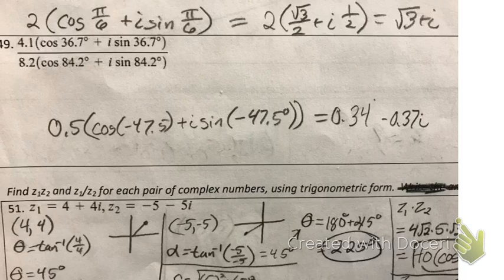Other questions from the homework? I have a general question. How many decimals could we be off? Like I got 0.37 or 0.36. You're probably fine as long as you got close. What could have happened is, if you look at what I did here, sometimes I do the cosine of negative 47.5 and then round it and then multiply it by the 0.5.